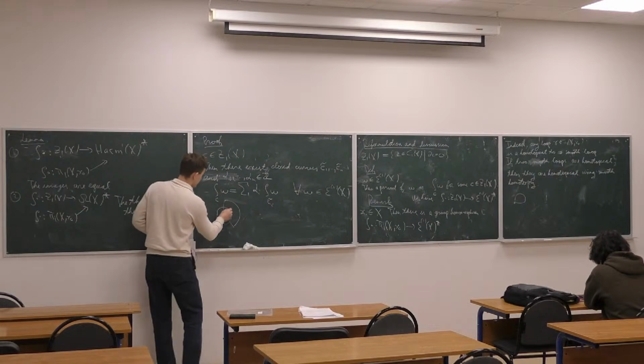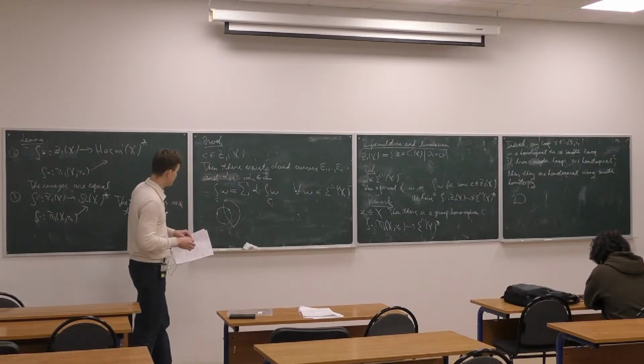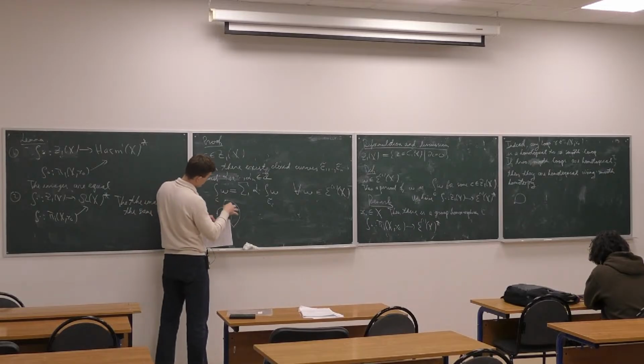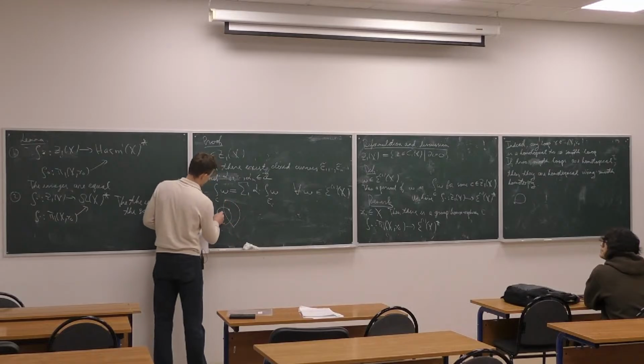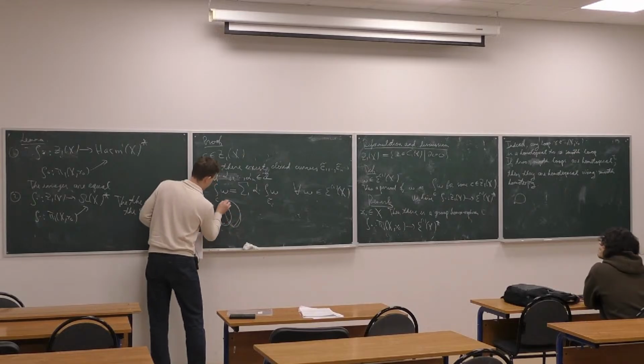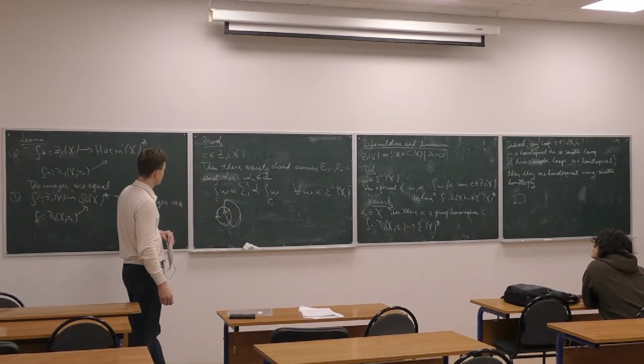So you can decompose it in this way, and then for each one you just choose loops here and here.